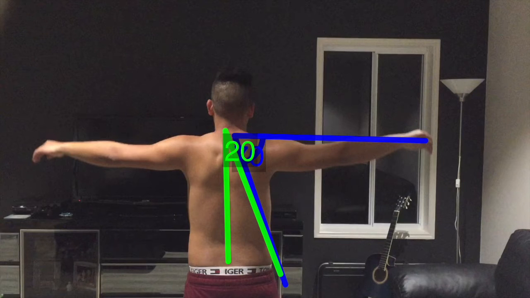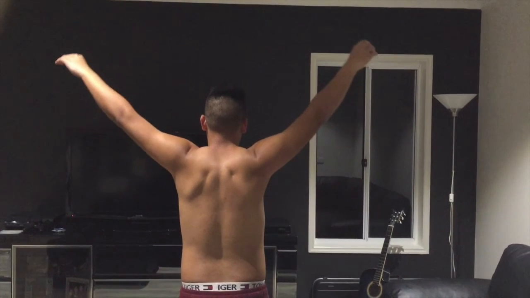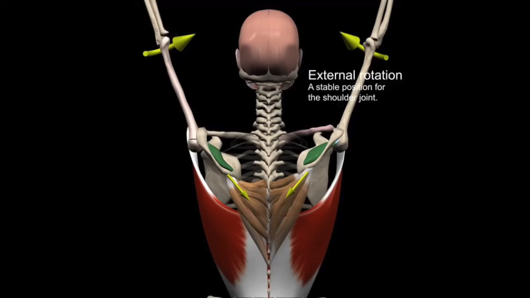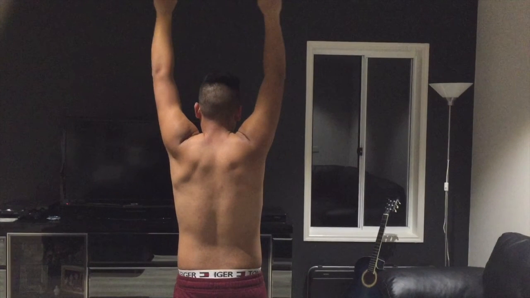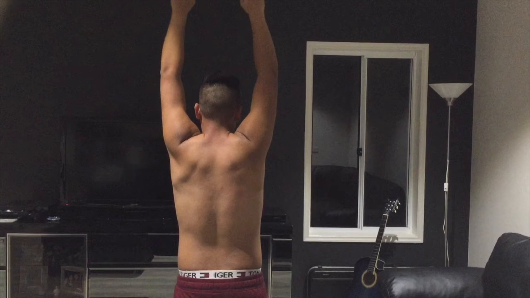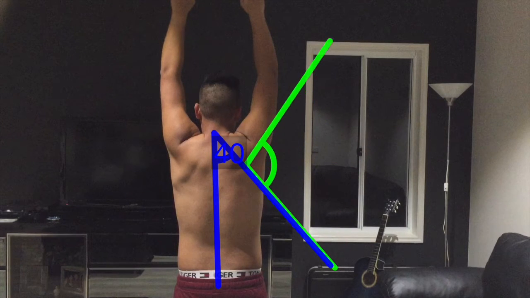This ratio continues above 90 degrees, so by the time the arm has been raised to 150 degrees, the contribution of each joint will be 110 degrees for the glenohumeral joint and 40 degrees for the scapulothoracic joint. This ratio can vary during different portions of the arc of elevation and can be different from person to person. Therefore, it's always important to compare the involved side with the uninvolved side.